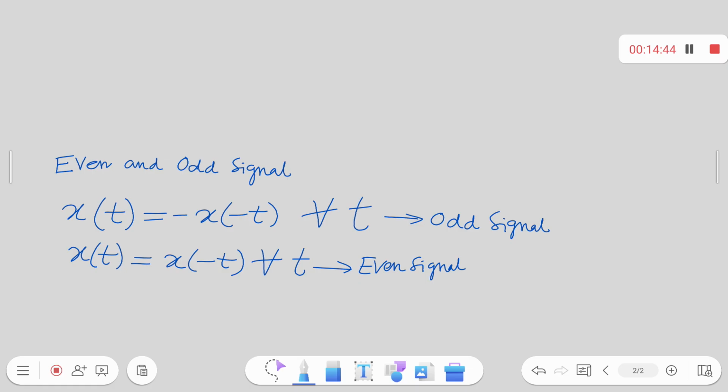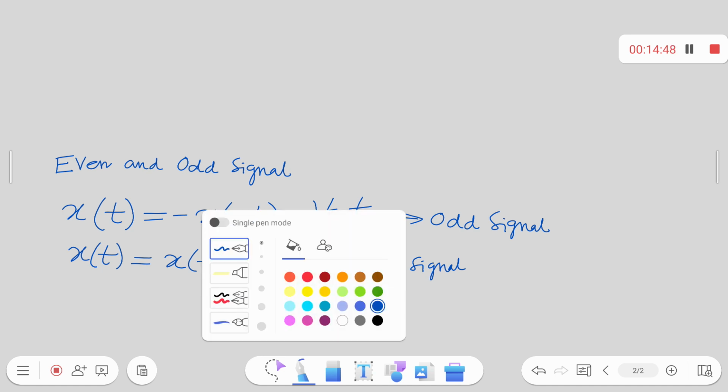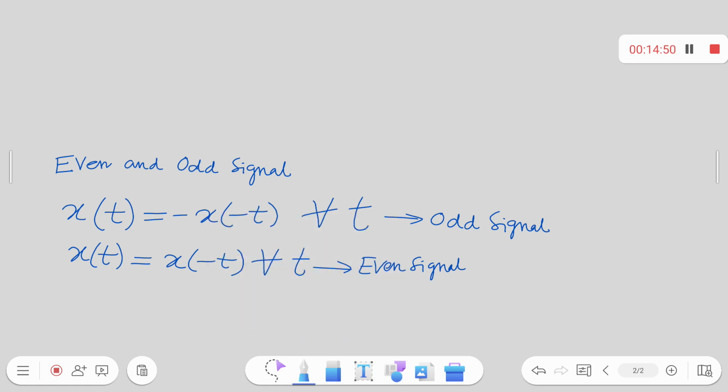So for example, let's draw a signal. This is the time axis, x of t. Can you give me an example of an odd signal?